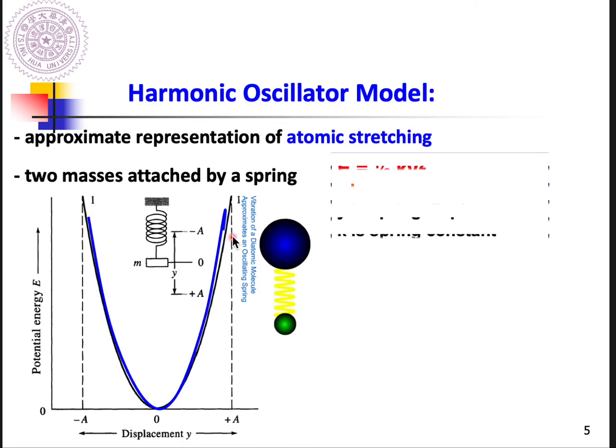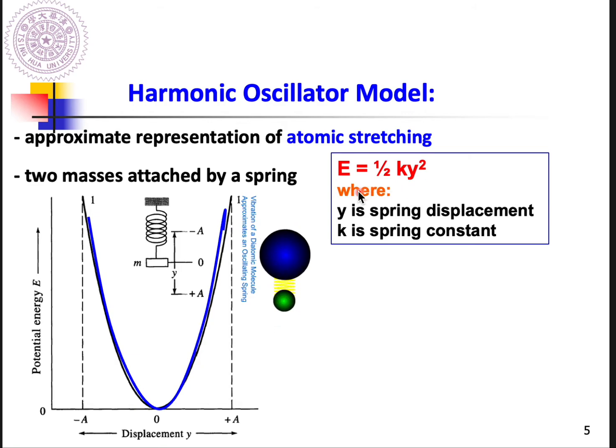And this oscillation energy can be expressed as proportional to the spring constant K and the spring displacement y squared.